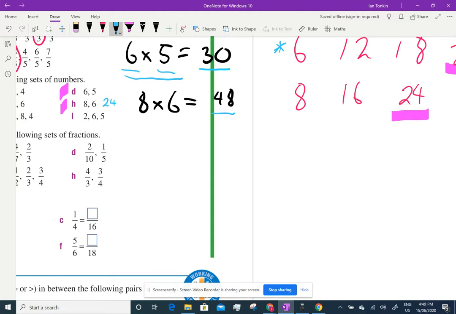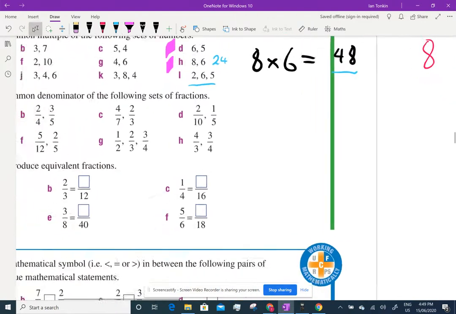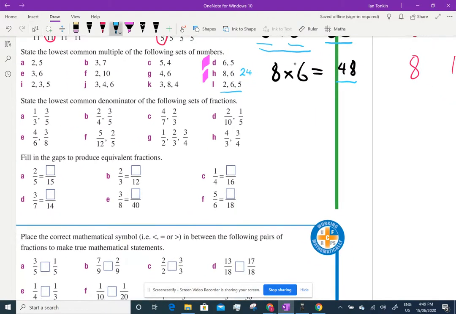So sometimes there's a lower common multiple. You'll always get a common multiple when you multiply the two numbers, or indeed when you multiply the three numbers, but it's better if you can find the lowest common multiple. Why? Because the lowest common multiple will give us the lowest common denominator.